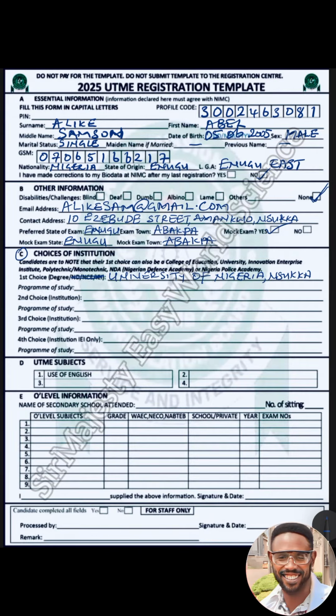And my course of study there should be maybe medicine and surgery. And then my second choice, I might decide to use ESUT, that's Enugu State University of Science and Technology.